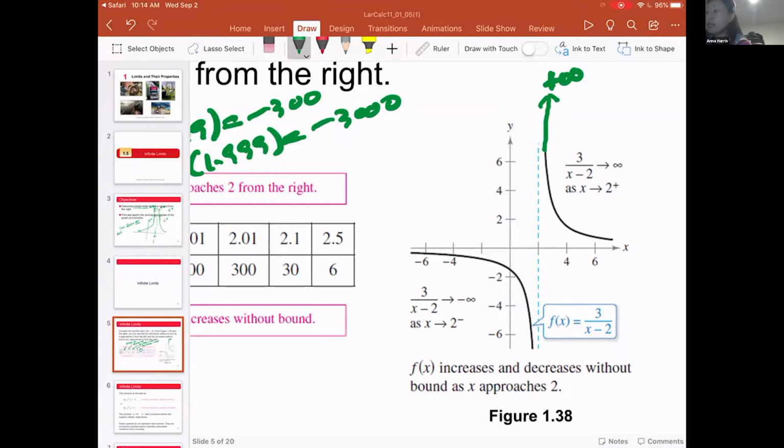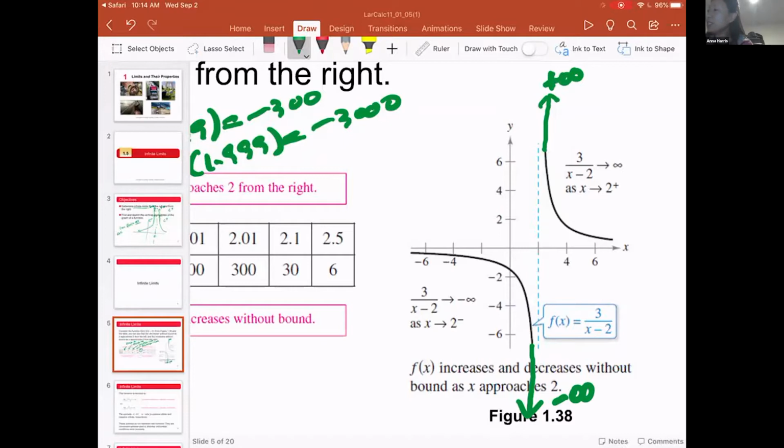Are you following me? And look at this side. Where does this number go? When the numbers keep going down, down, down, what is that called? Negative infinity.